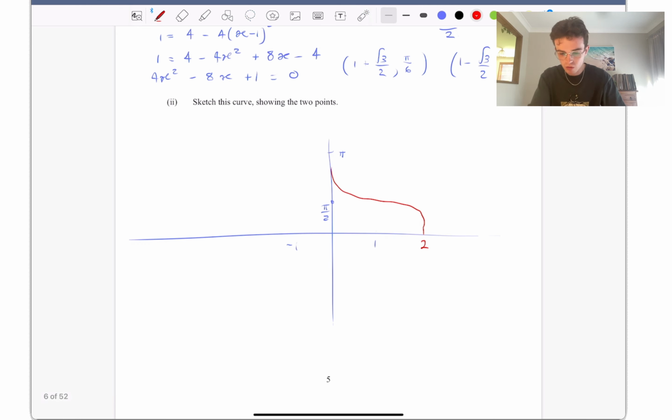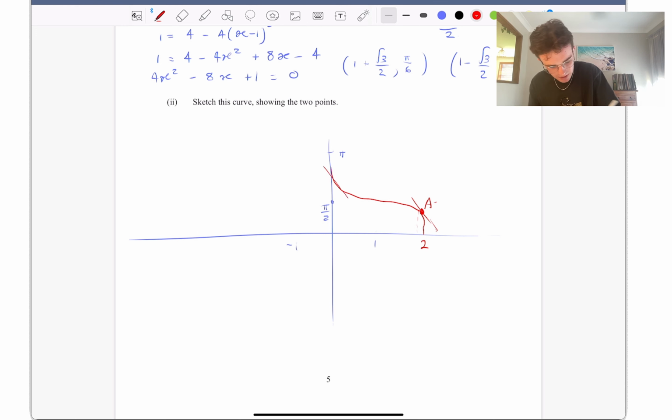Right, so we've got 1 plus root 3 on 2, which as a decimal is 1.86. So 1.86, let's say it's about there. So that's our point A with a gradient of minus 2. And then 1 minus root 3 on 2 as a decimal is 0.13.